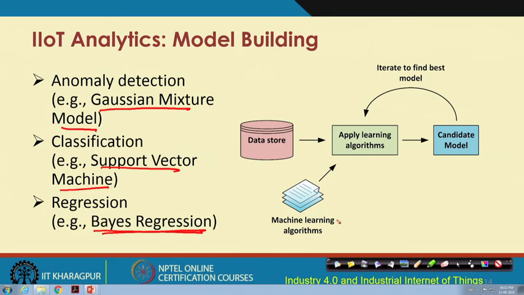So, basically machine learning algorithms could be implemented. Those algorithms could be applied on the data that comes from the data store, and then these candidate models are built and fed back to the learning algorithms to improve upon their course of action.